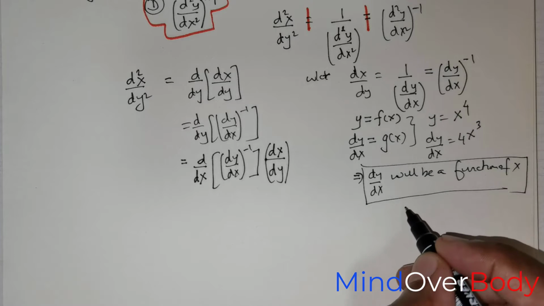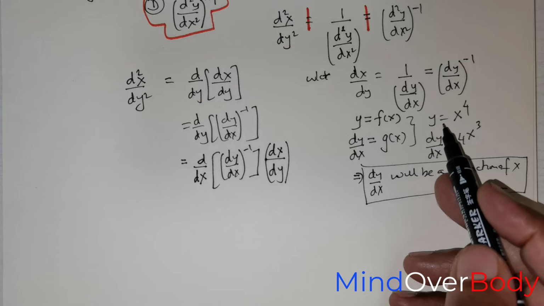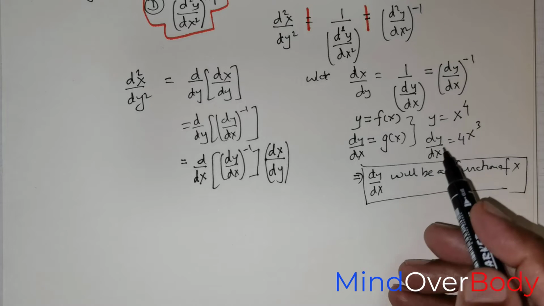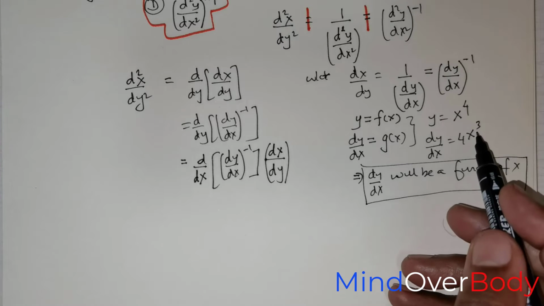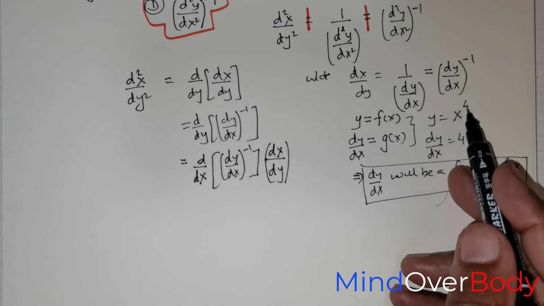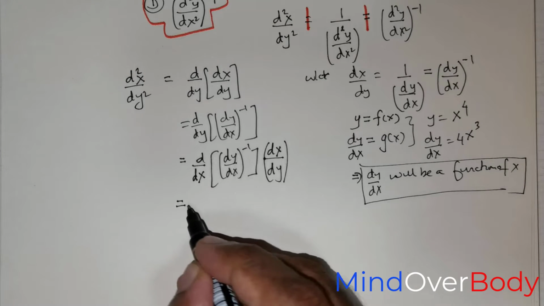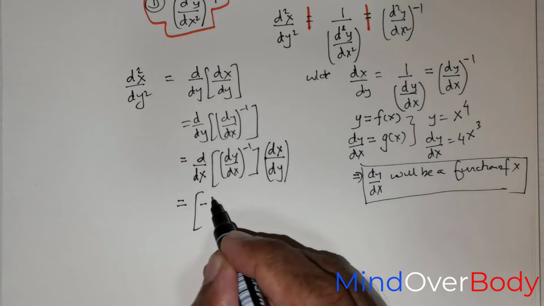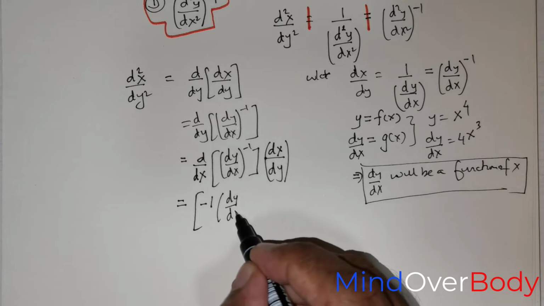Now we are going to follow the same differentiation skill sets that we were exposed to. If you are given y is equal to x raised to the power of 4, and you were to differentiate that, you are going to get 4 times x raised to the power of 3. So that means the power becomes reduced. That's exactly what we are going to do here. So differentiating this would give us -1 times dy over dx.